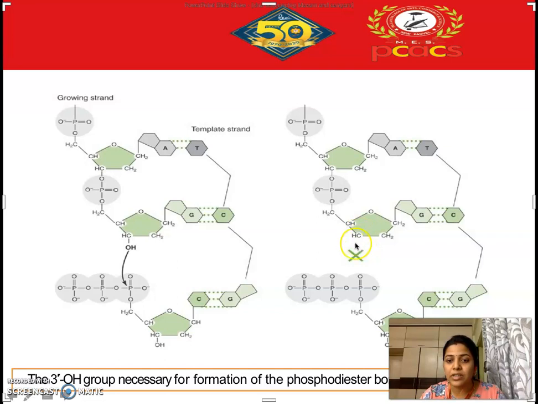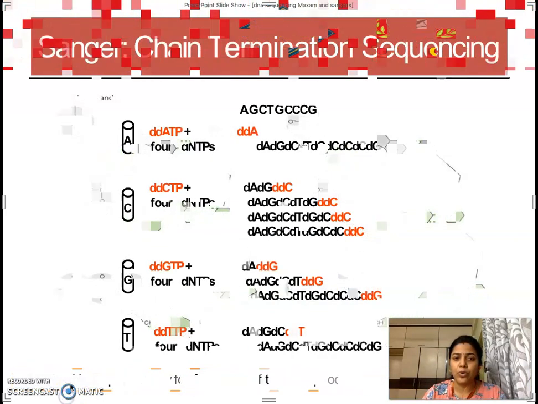So it is missing this OH group, and hence the phosphodiester bond cannot be formed between these two nucleotides because of this missing 3' OH group. So this is the role of your ddNTP. Whenever a ddNTP gets added, the elongation will get terminated. Okay, so that is the role of it.